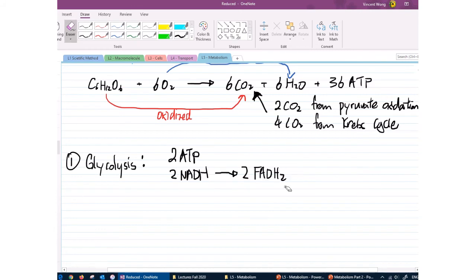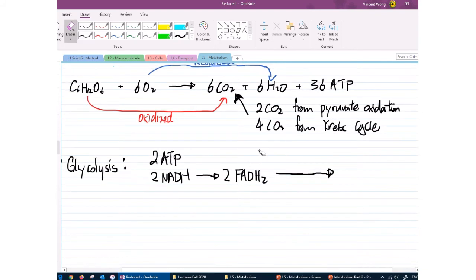So these 2 FADH2 will then deposit the electron to your ETC, and so for each FADH2, you can generate 2 ATP, right? So 2 times 2, that's going to be 4 ATP. Okay, so from glycolysis, you will have a total of 2 plus 4, which is going to be 6 ATP so far.